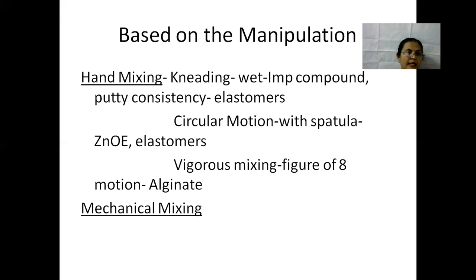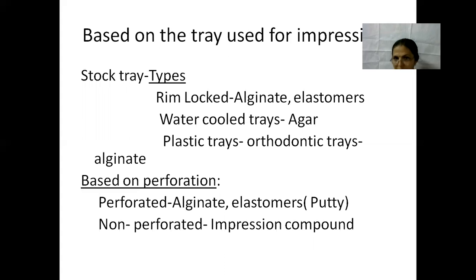Vigorous mixing is done for alginate, especially with a figure of 8 motion. Then you have mechanical mixing, especially for agar and alginate, and you can also use mechanical mixing for elastomeric impression materials.